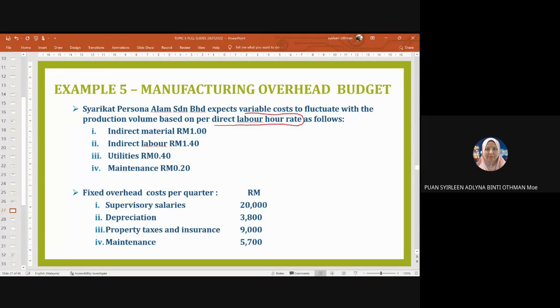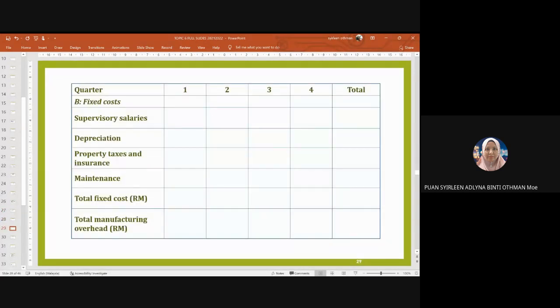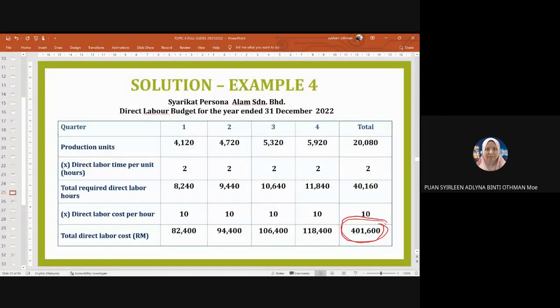Okay, this is your cost driver. So bila awak darab nanti, all this, you akan darab dengan direct labor hour. So yang ini, I akan refer kepada my direct labor budget. Nampak ya? Okay, so nak buat manufacturing overhead, I need the information from my direct labor budget.